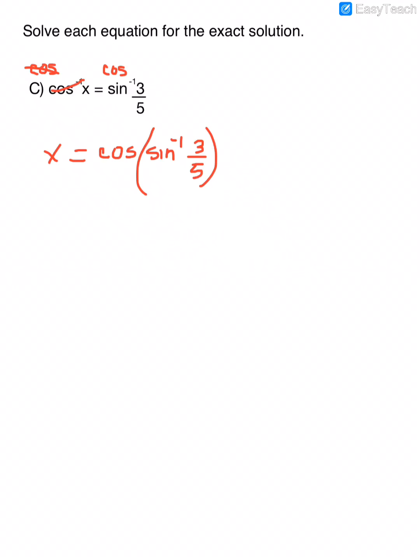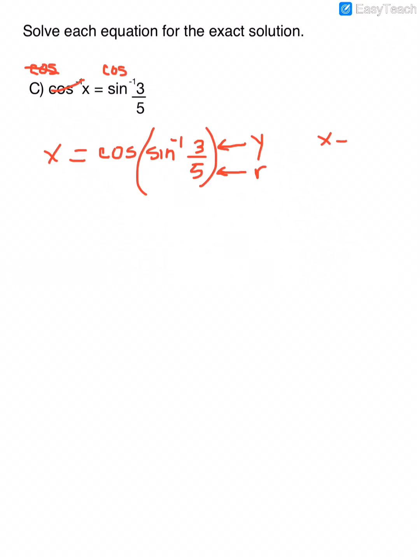Well, this is saying the cosine of the angle whose sine is 3/5. Well, we know that if the sine of the angle is 3/5, this would be my y, this would be my r. Okay, so this would be a 3, 4, 5 triangle.